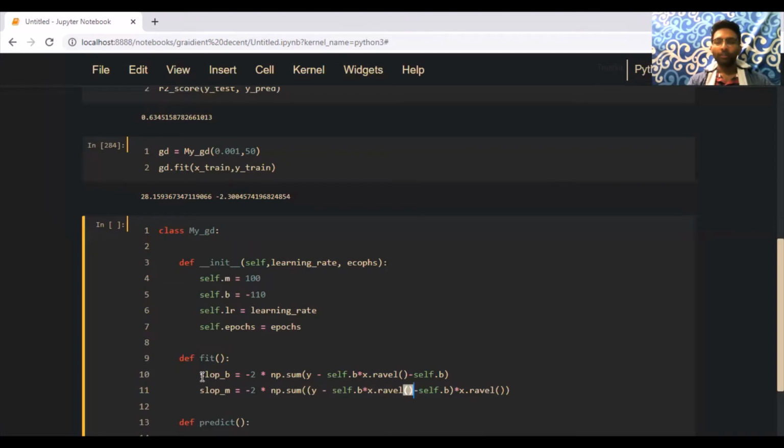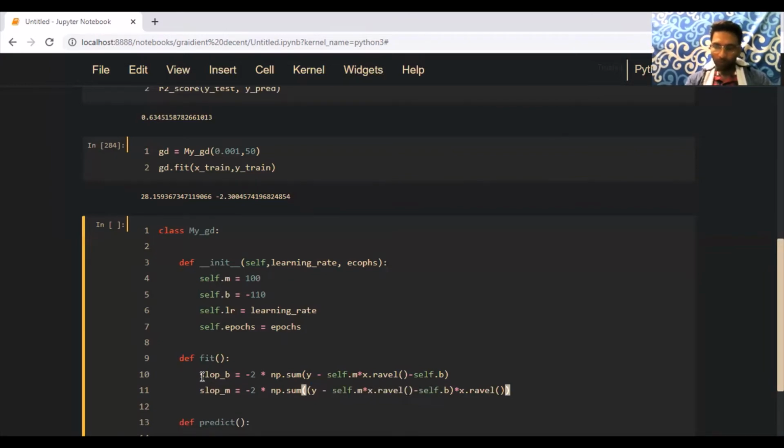So this will be the difference when you do the differentiation with respect to m: self dot m minus self dot b in terms of m. Okay, so this will be the equation, right?